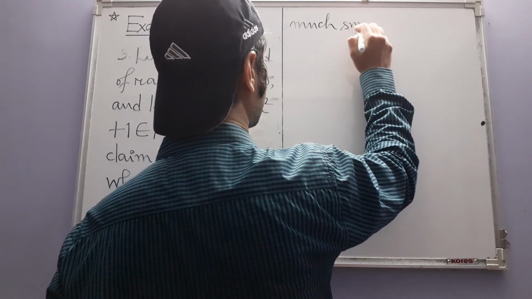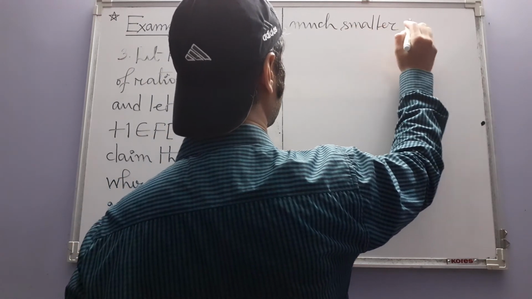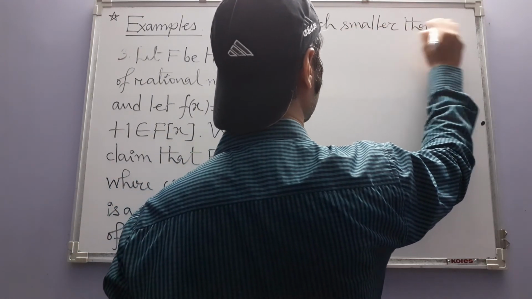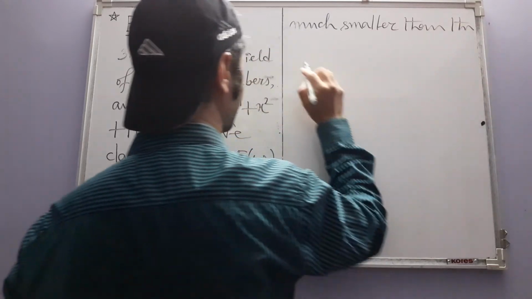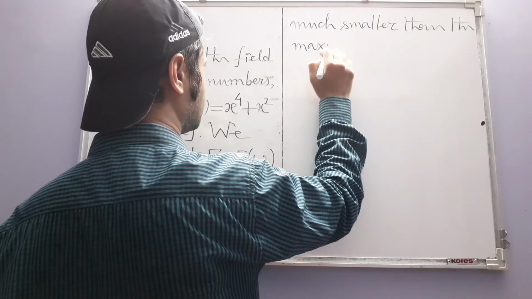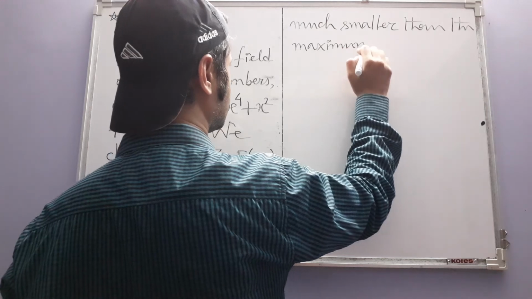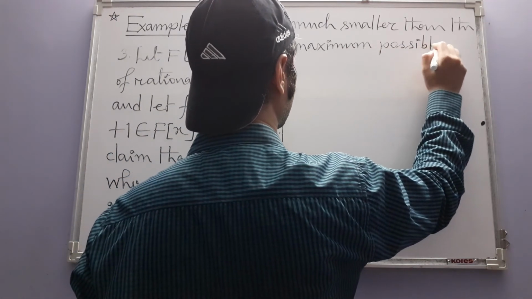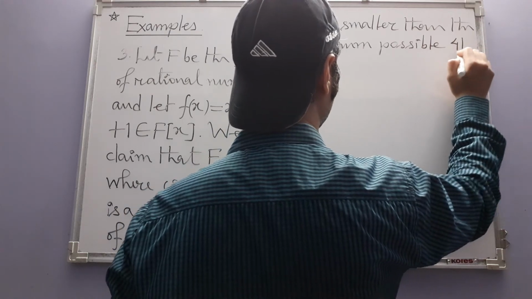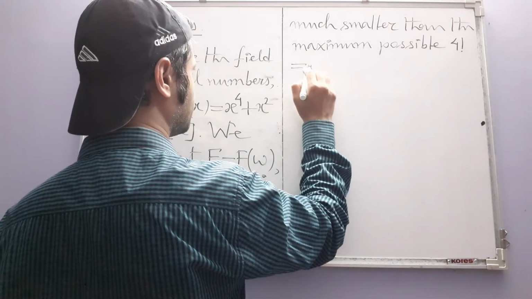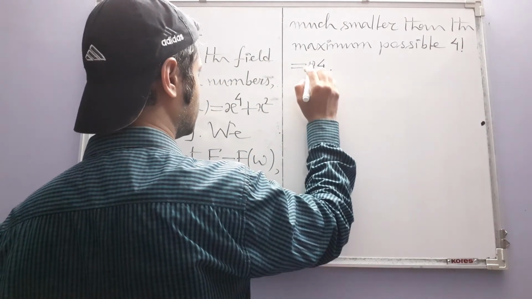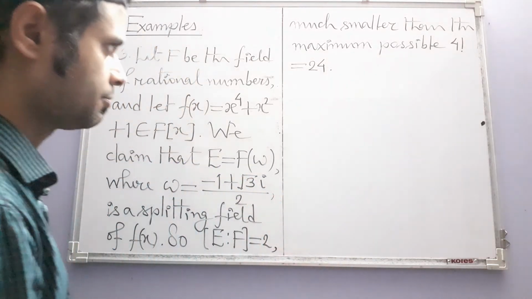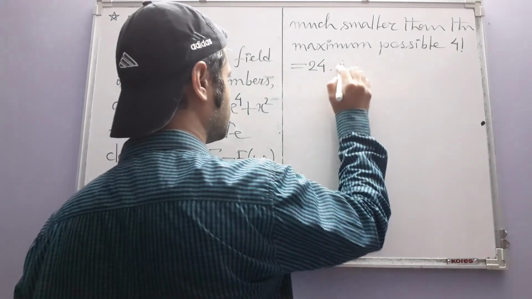Much smaller than the maximum possible, which is 4 factorial equal to 24, and there things end.